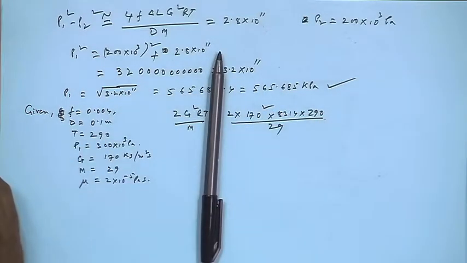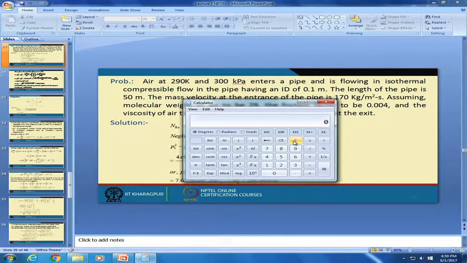If we look at quickly what value is coming, this is 2 into 170 square into 8314 into 290 divided by 29.